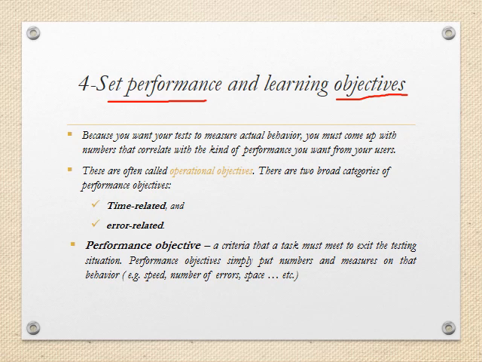Because we want our tests to measure the actual behavior, we must come up with numbers that correlate with the kind of performance we want from our users. بشكل عام بما انه احنا بدنا نعمل تيست, we want to make our tests measure actual behavior للuser while they are using our document, and when we put test objectives we have to put some kind of numbers that measure how usable our document is.